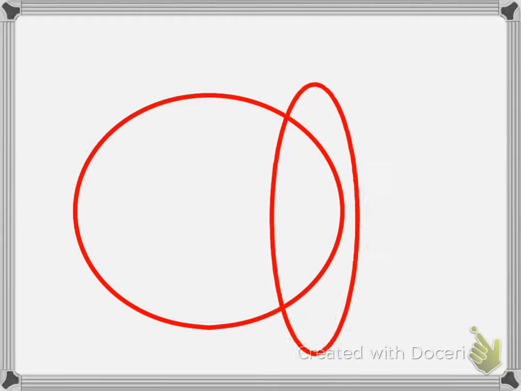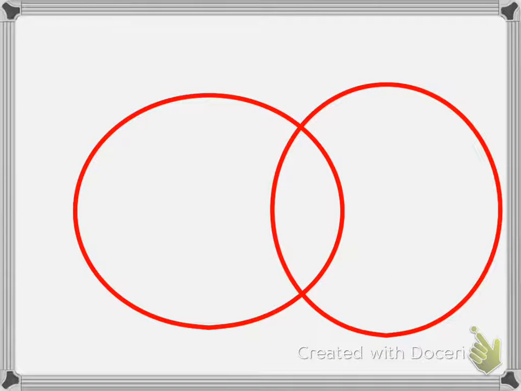A Venn diagram is when you have two circles, such as this, and we place information in each section to denote the differences and the similarities between these two events or between these two things that are happening. They can be labeled, each circle labeled with A, B, or something else.